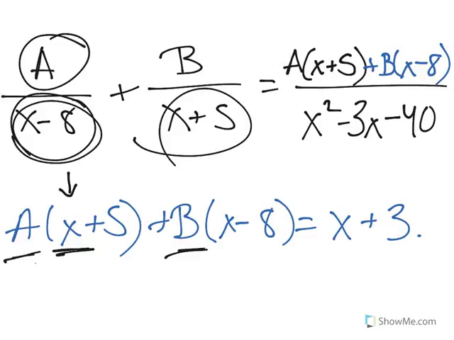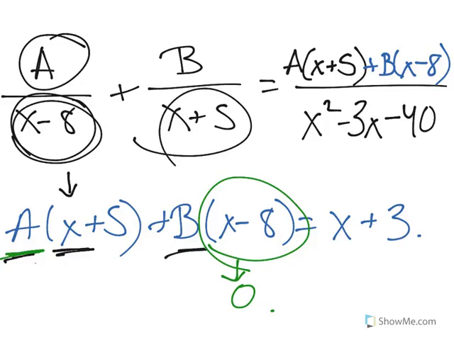We have a and b. So we need to find a way to get rid of x and at the same time get rid of either a or b. And a very easy way of doing this, which is the way we will always do it, is by making one of the terms equal to 0. If we make one of the terms equal to 0, we're left with only one variable.